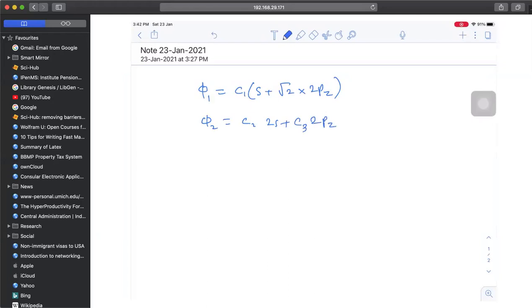You are asked to determine the values of C1, C2, C3. Correct? Yes, sir. So the way to do that is you say, okay, phi1 must be normalized.